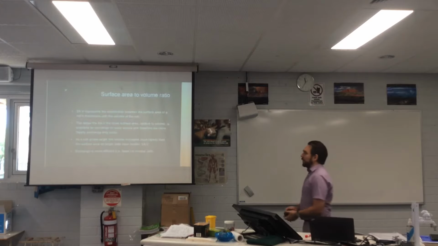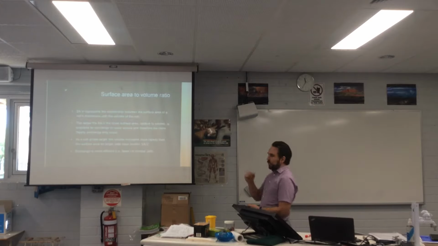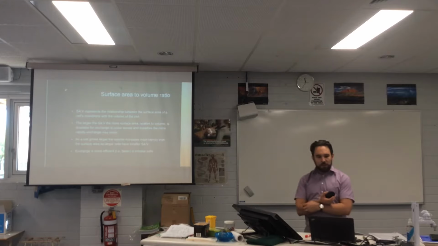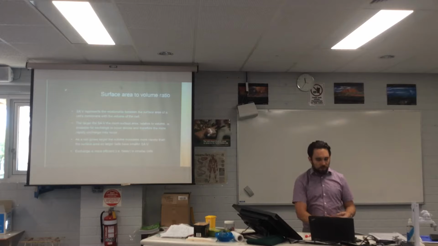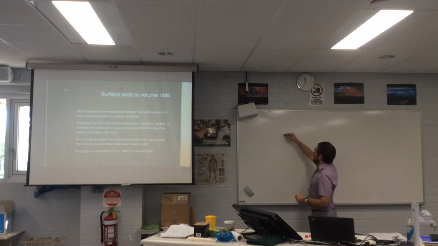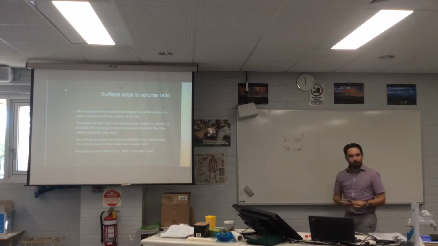So first one, surface area to volume ratio. Surface area to volume ratio is a relationship between the surface area of a cell's membrane with the volume of the cell. Now, we don't need to go into the exact mathematical details, but volume is cubed, surface area is squared.